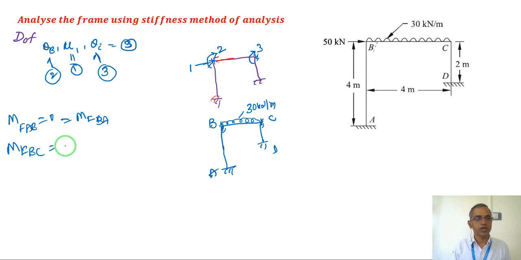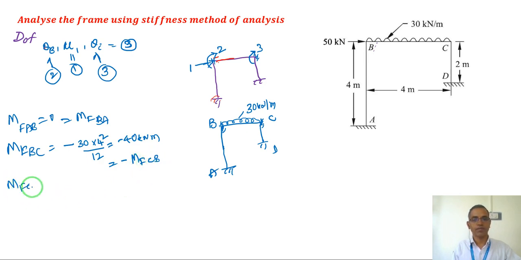MFBC is minus 30 into 4 squared by 12, which equals minus 40 kilonewton meter, and MFCB is 40. MFCD is 0, which equals MFDC.